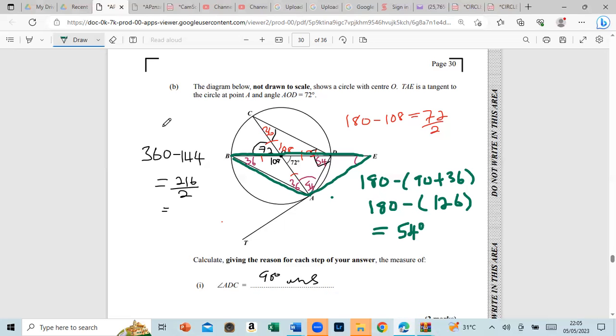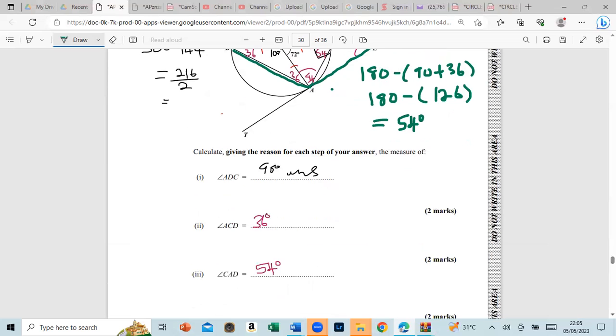So this one works out to 54. So here we have it, solved for everything.